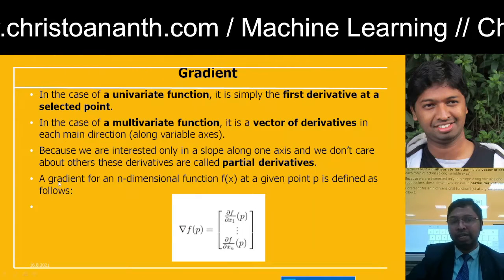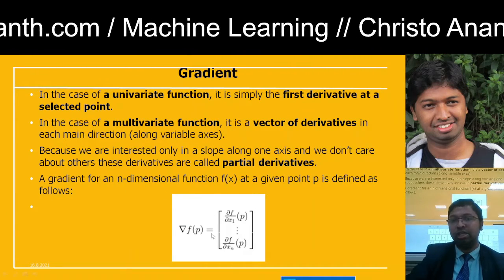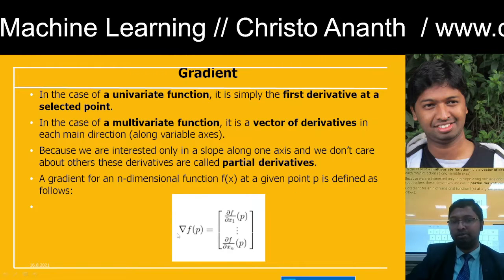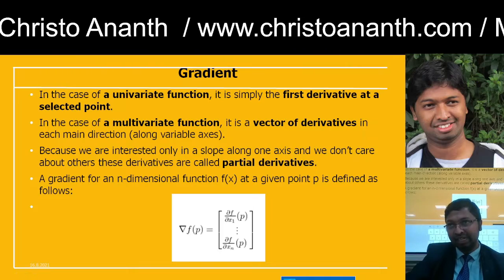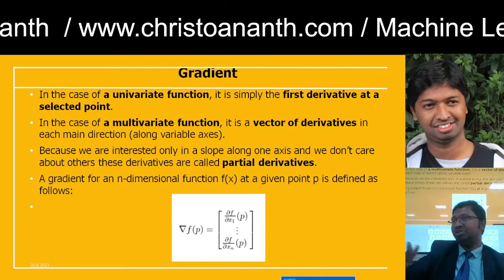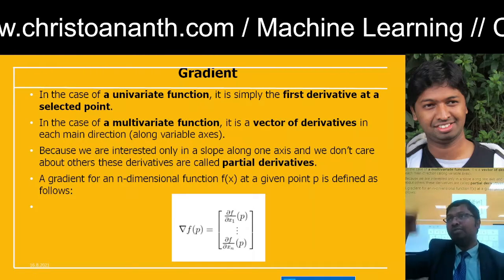So the gradient for the n dimensional function f of x at a given point p is given by del. You should call it del, don't call it delta.